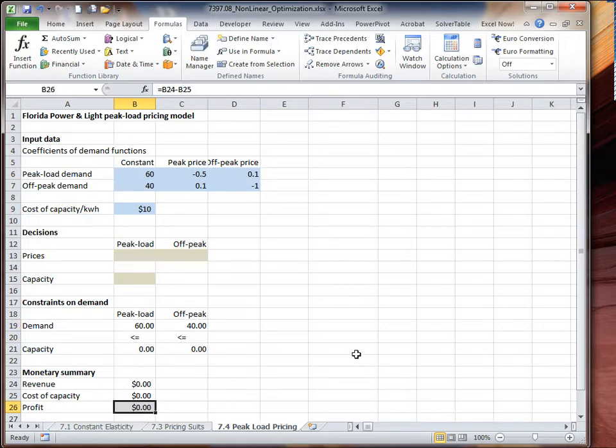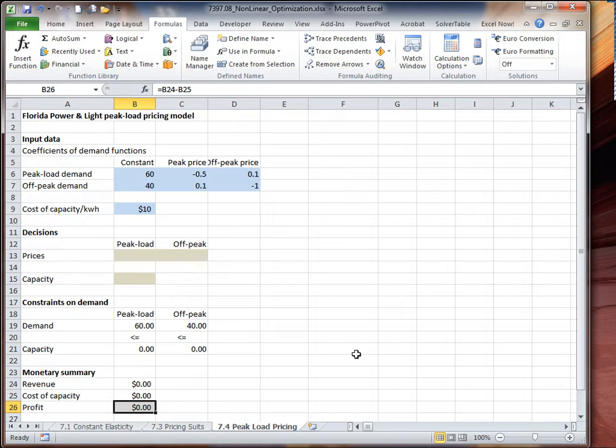Let me pause at this moment and just think about this model in general terms. If we had gone back and drawn an influence diagram that said we wanted to maximize profit, then clearly we would have known that we needed to calculate revenue and we would have needed to calculate cost. Revenue is a function of what? Demand and price.